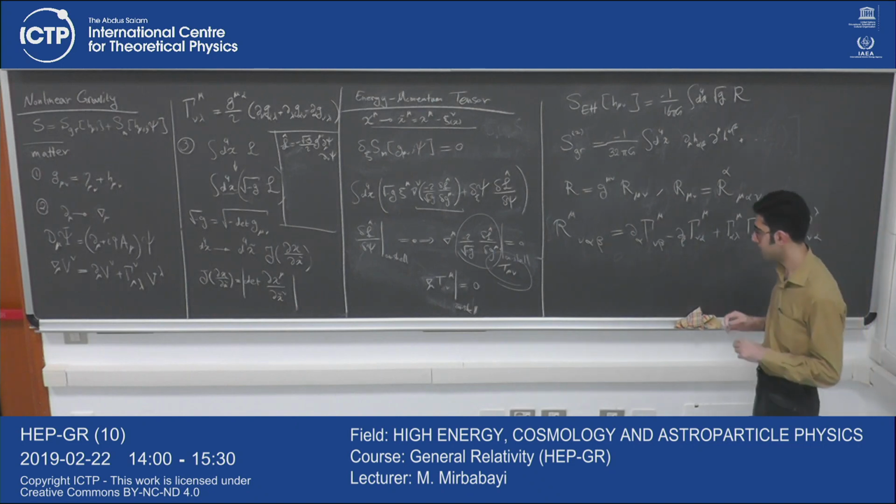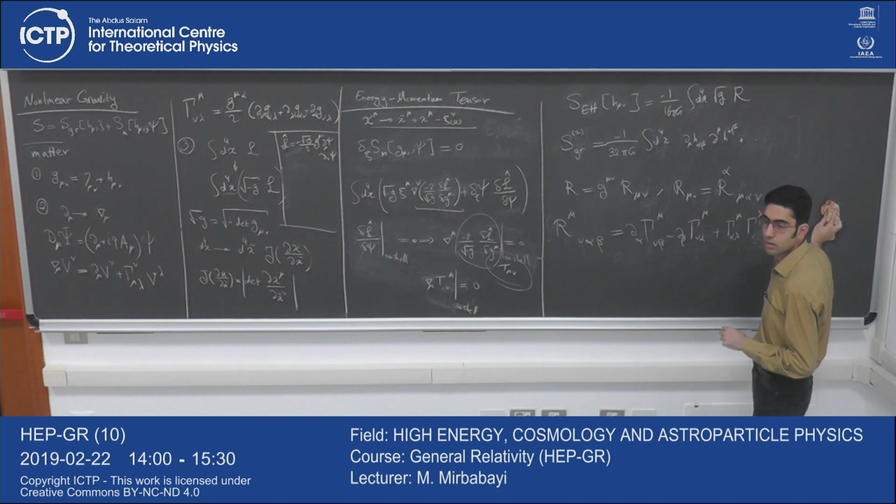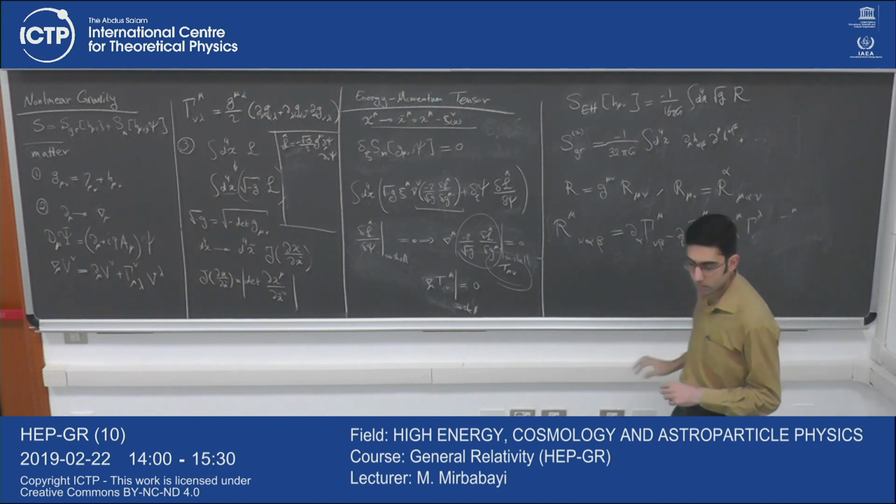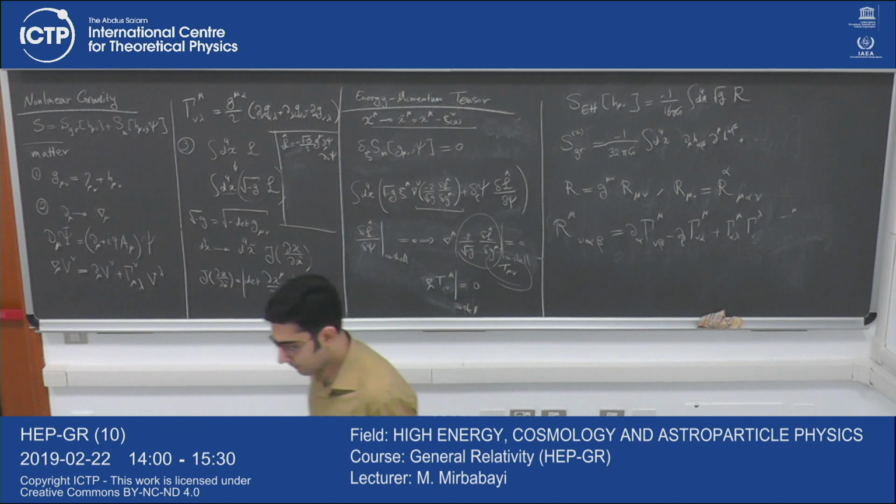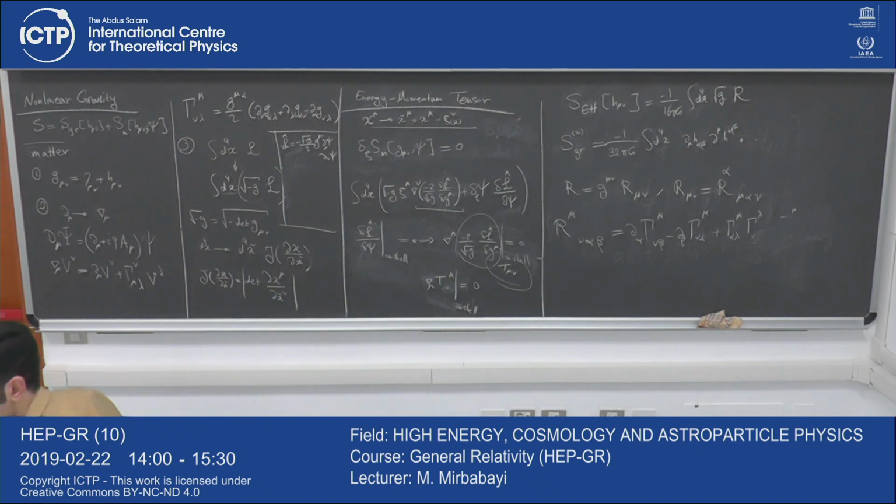I have a question about the prescription. When we talked about the linearized transformations, linearized in the order of h, the transformations were in the coordinates from x to x minus xi, or whatever that is. That caused the metric to transform like the gauge transformation that we proposed.